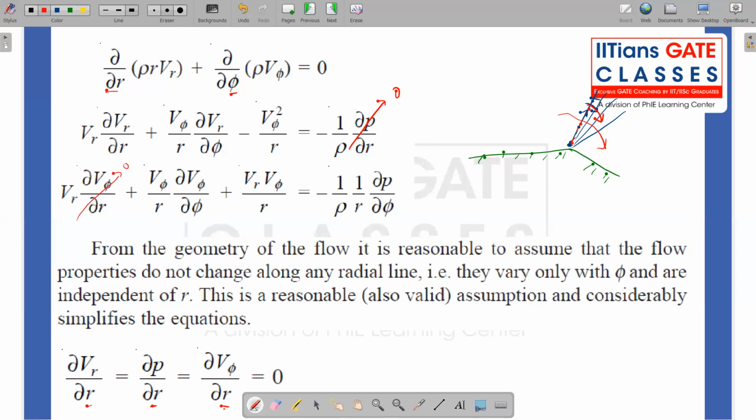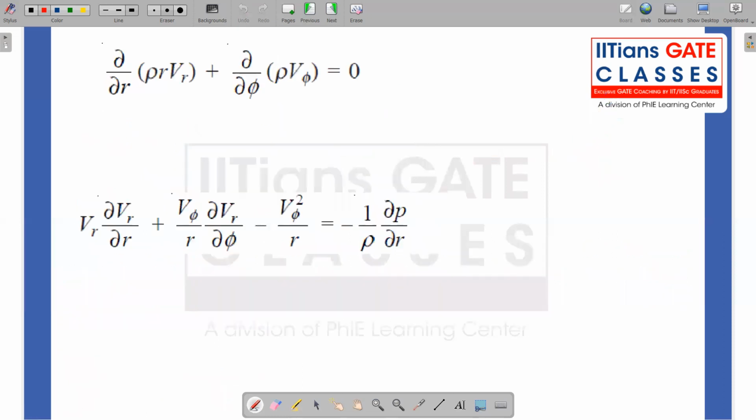All right. Let us try to expand this equation a bit more carefully. The continuity equation, I am going to write in terms of splitting these variables into rho r times VR.